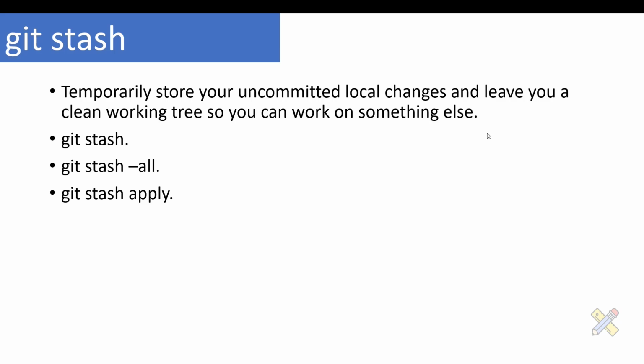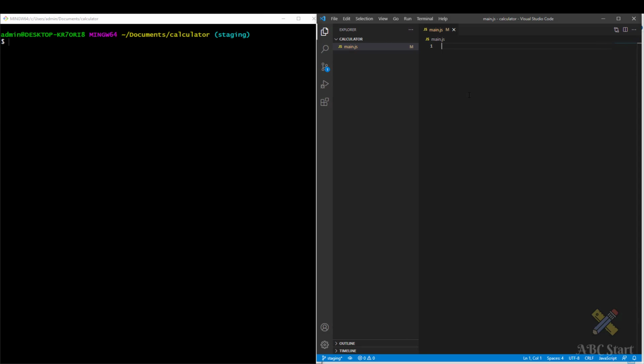Next, we are going to cover the stash command. What it does is temporarily store your uncommitted local changes and leave you a clean working tree so that you can continue working on something else. Let's see how this works. While on the staging branch, let's make some changes to the file.